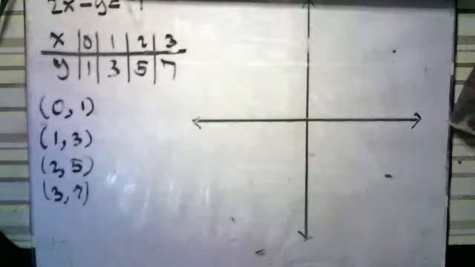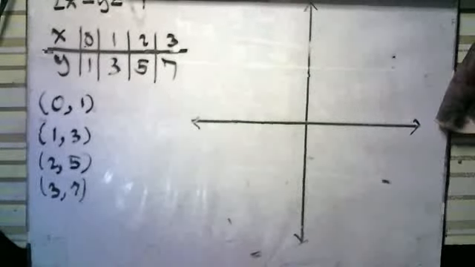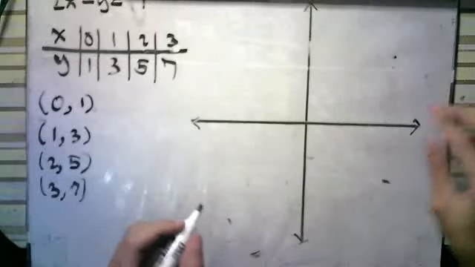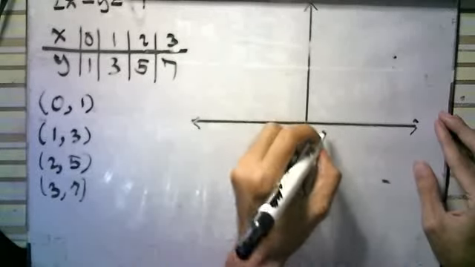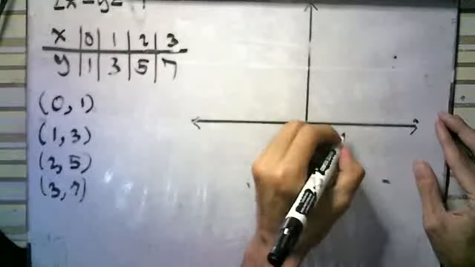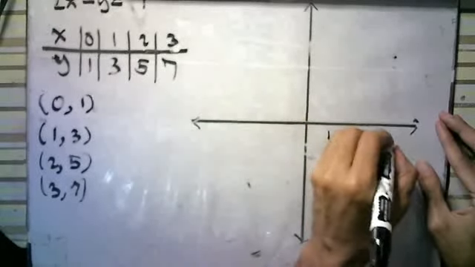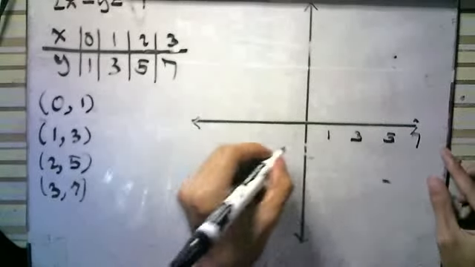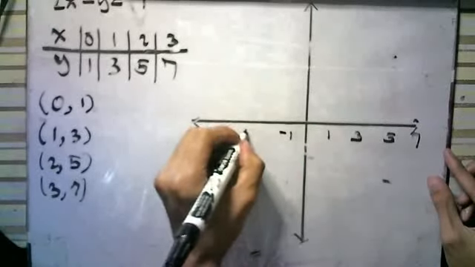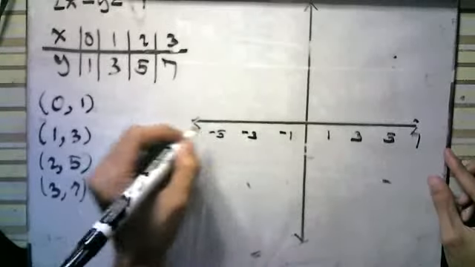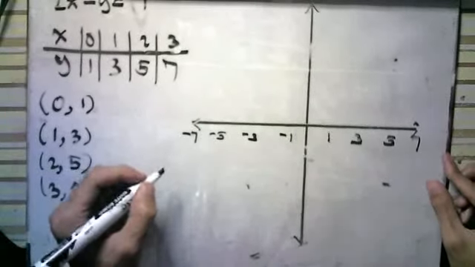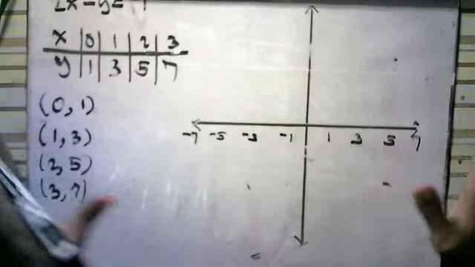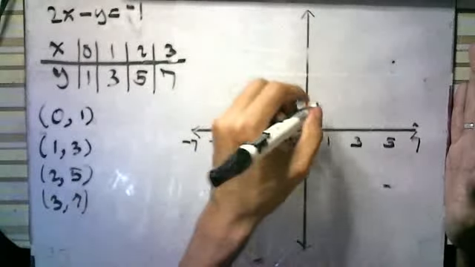Okay, so paano natin ipa-plot yan? So, i-plot natin siya using your coordinate plane. So, x-axis muna tayo. 1, 3, 5, 7. Tapos, negative 1, negative 3, negative 5, negative 7. Sorry for my improvise whiteboard.